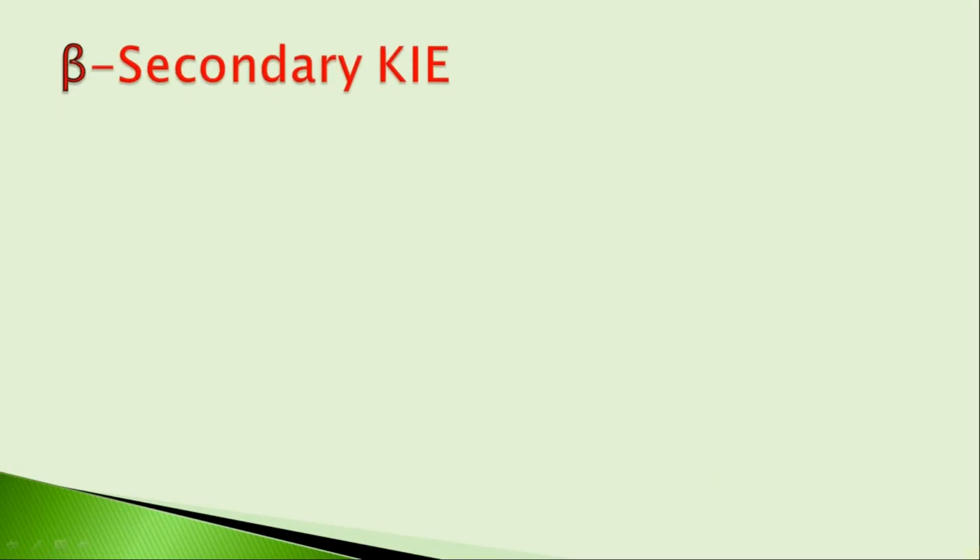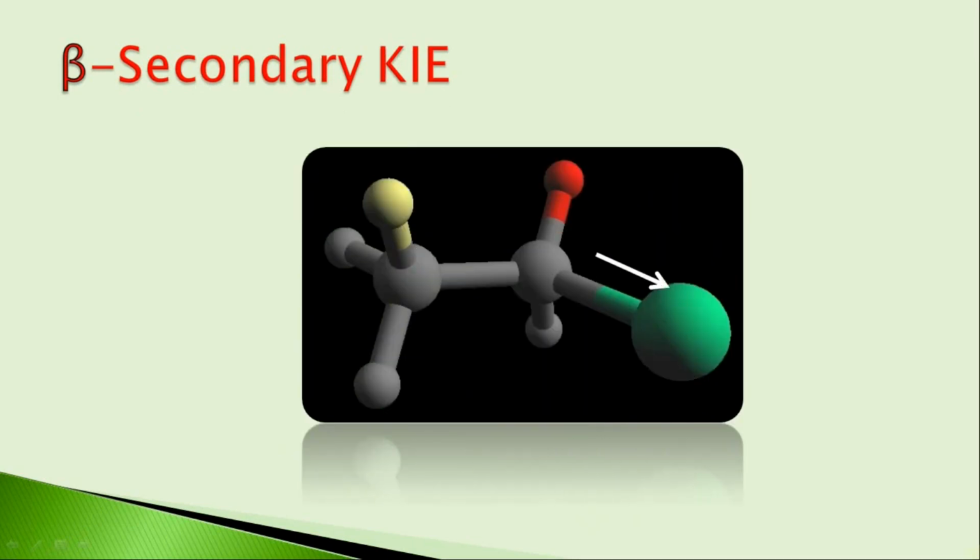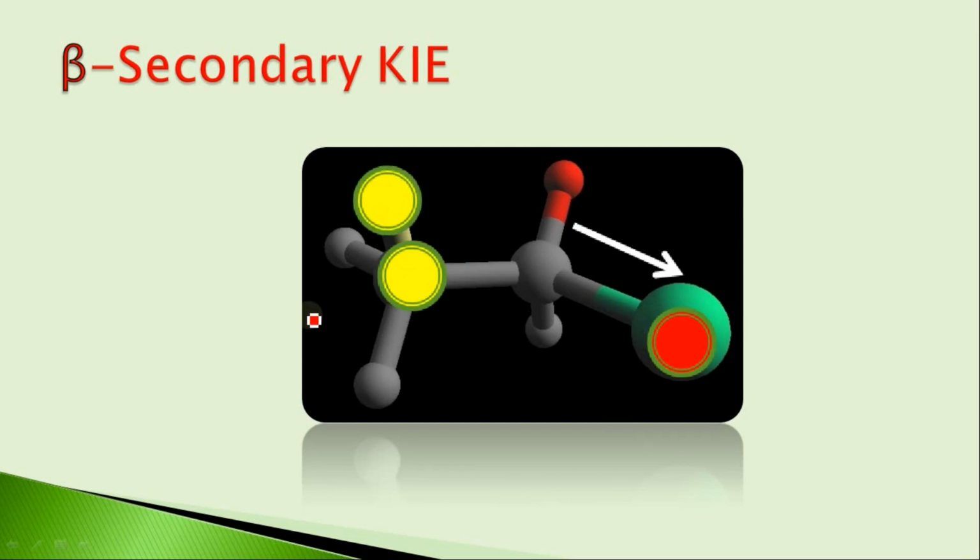So, in case of beta secondary kinetic isotope effect, a particular bond undergoes cleavage during the course of reaction, and rate of reaction is affected when an isotope is placed on the beta carbon with respect to the bond undergoing cleavage.